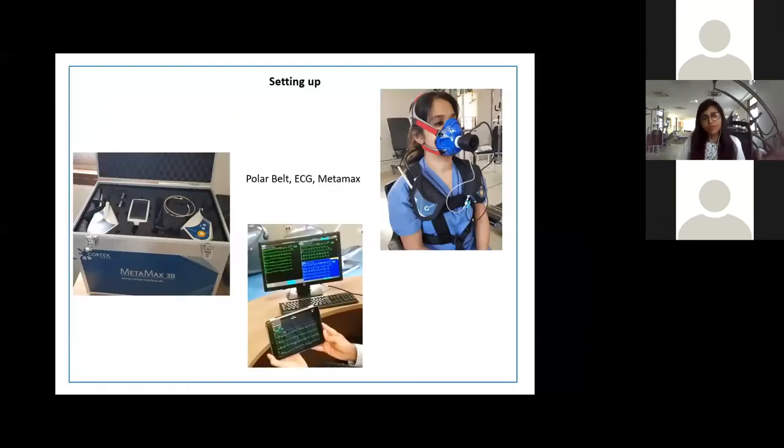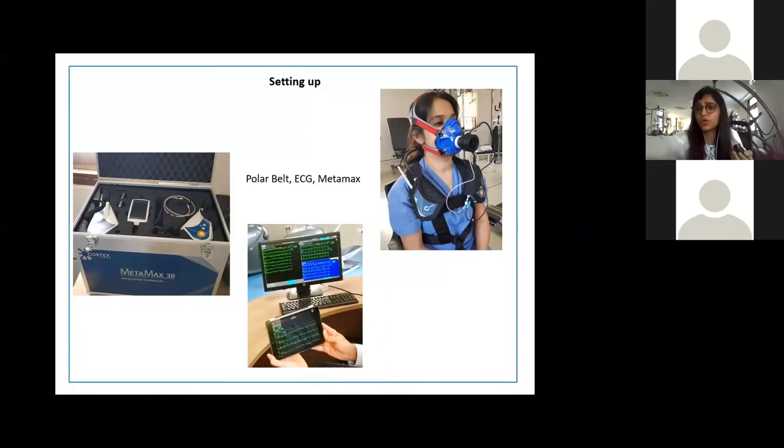So now, after taking all those details, this is how we have to set up the machine. This is the bag in which we have all these parts. Just to show you, this is the main device which usually sits on the shoulder of a person. This is the sensor through which a person inhales and exhales.